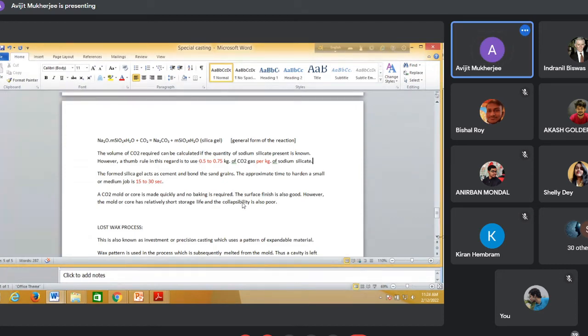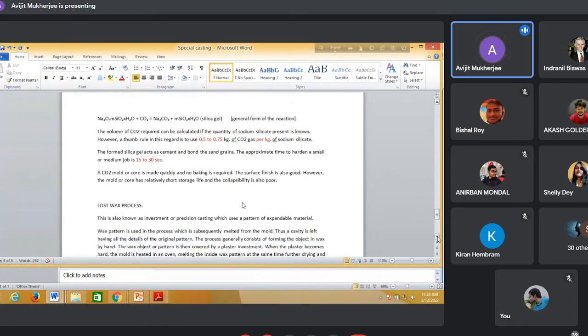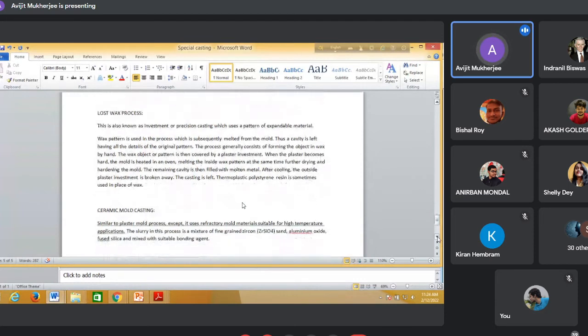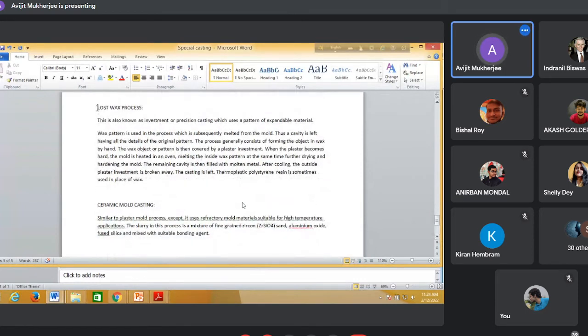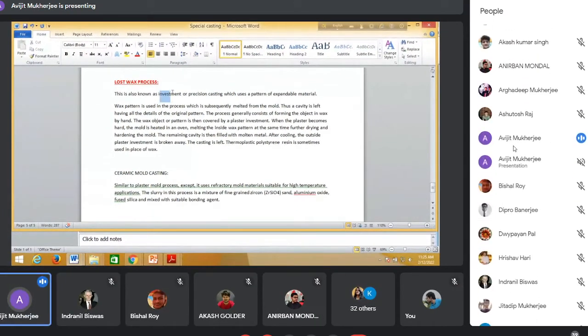And last but not the least, another very important precision casting is the lost wax process. This is also an investment or precision casting.